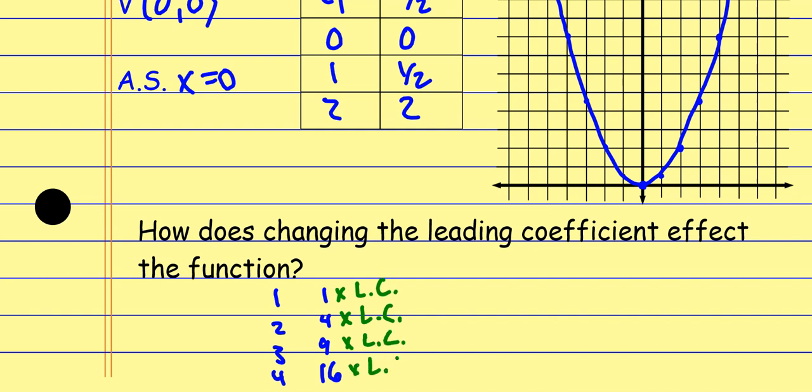When it was a 3, the pattern became up 3, up 12, it would be up 27. When it was a 1/2, 1 times 1/2 is a 1/2, 4 times 1/2 is a 2, 9 times 1/2 is a 4.5. We basically change the pattern by multiplying those heights by whatever that value out front is, okay? And so that's going to help us start to graph these things without the XY chart, okay?